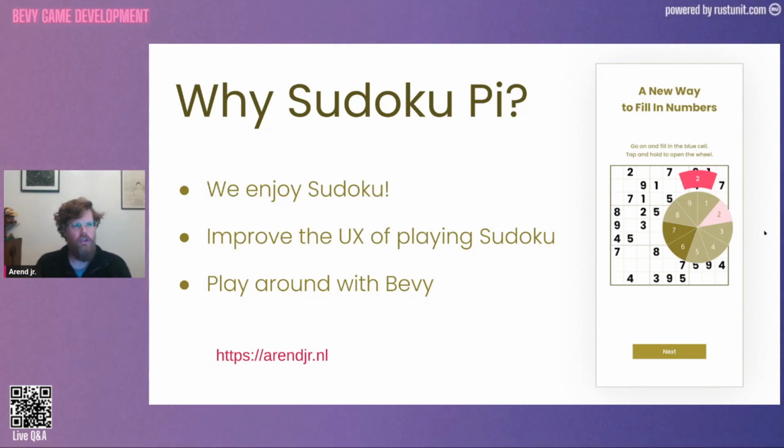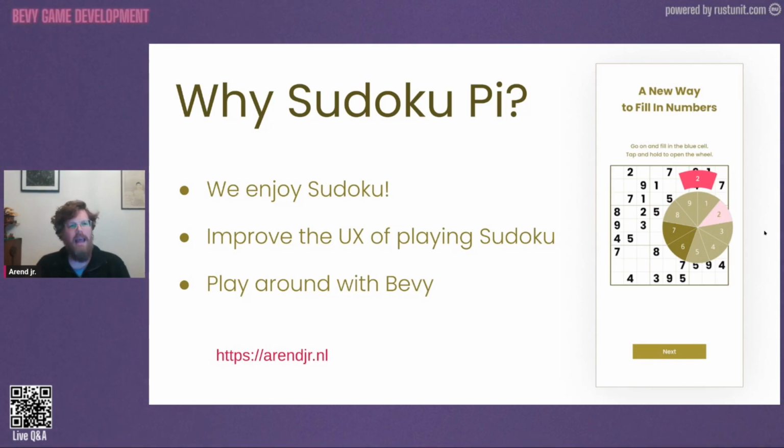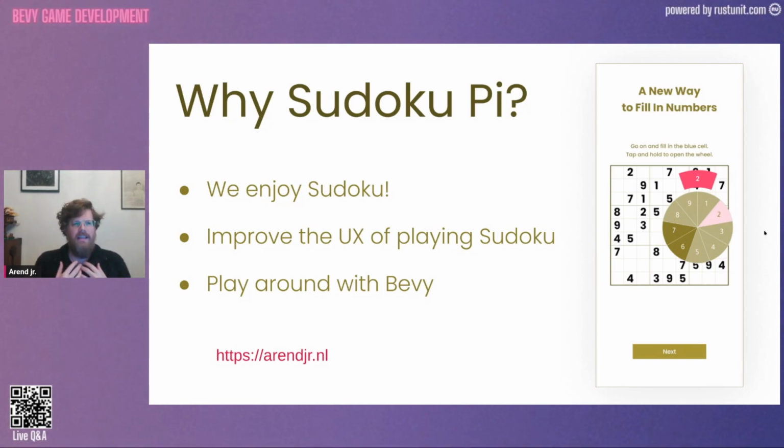So the UX pattern was: select a cell, select a number to fill in, select a cell, select a number to fill in, select a cell, select a number to fill in. And it got really tedious fast, and it was kind of RSI inducing, right? So I was like, isn't there a better way to do this?